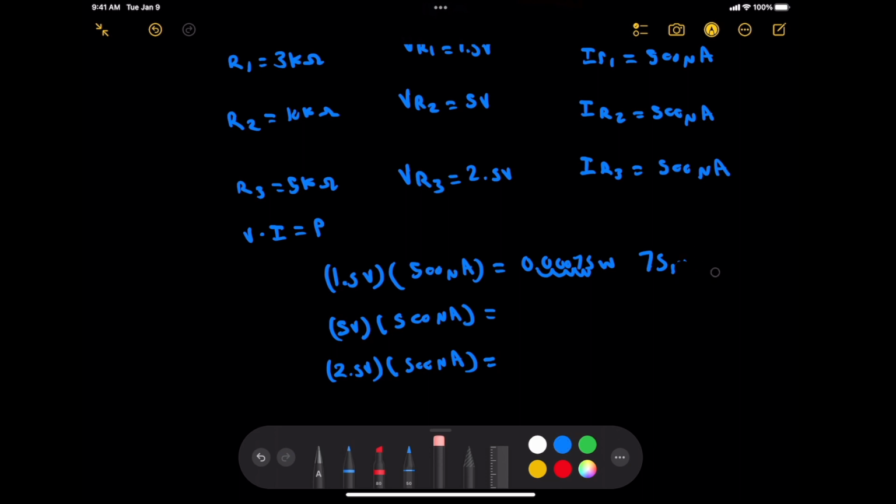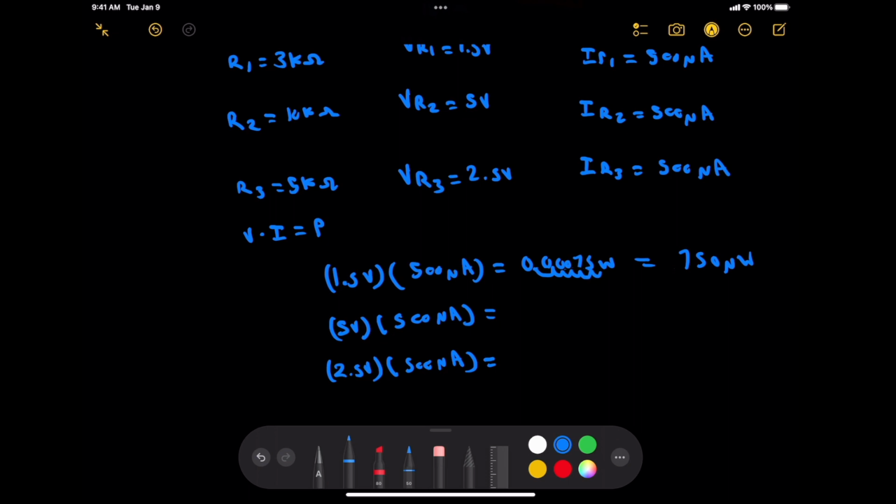Caught myself in a mistake. Here we go. Instead, we're going to do the conversion. We're going to bring it back 1, 2, 3, 4, 5, and 6. It's going to be equal to 750 microwatts. And mistakes do happen, but it's always good to just double check your work so that you don't lose unnecessary points.